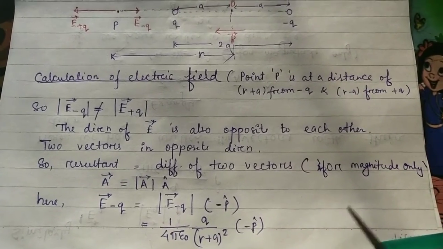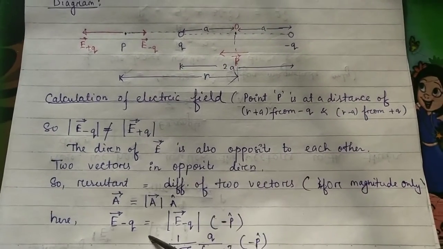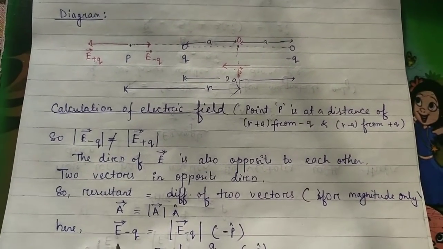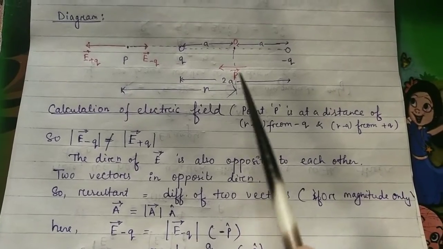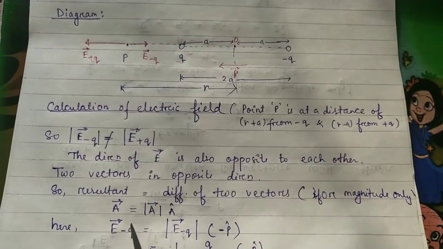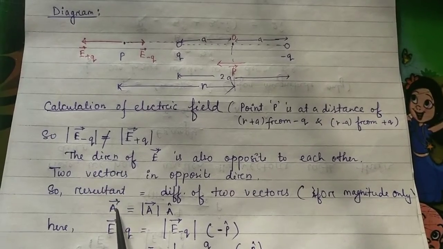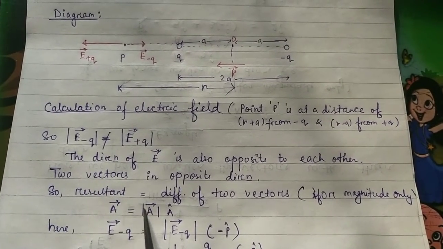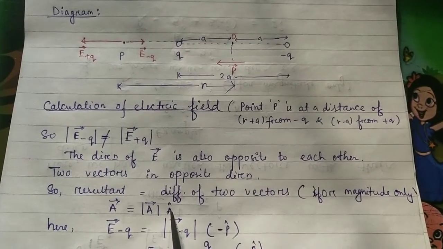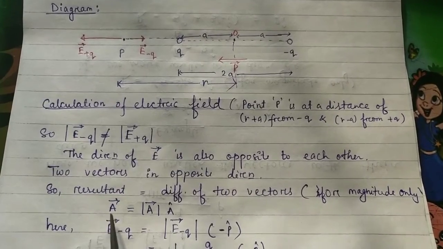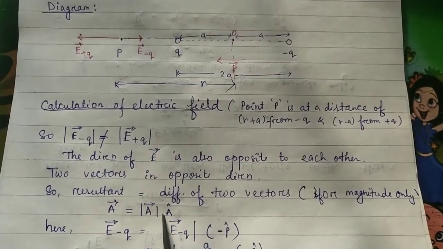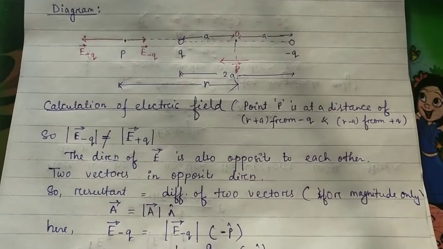So here first we will write the electric field due to minus q charge. Here I am writing the vector. So how do we write vectors? Any vector A can be written as the magnitude of the vector into its direction. That means A vector equals the magnitude of vector A and its direction.